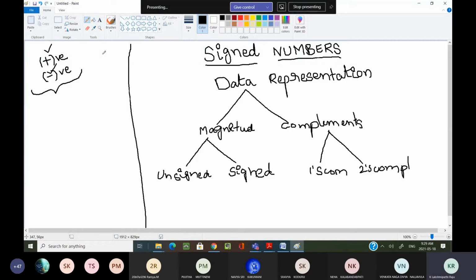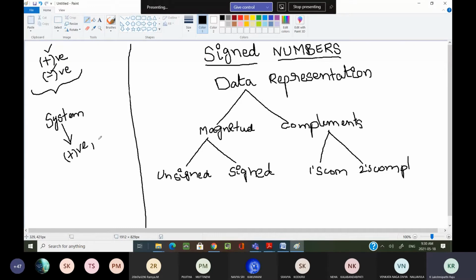Coming to the same concept from the system point of view or computer point of view, the system does not know anything about whether the given number is a positive number or negative number.